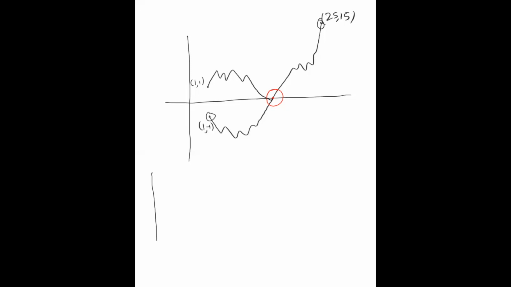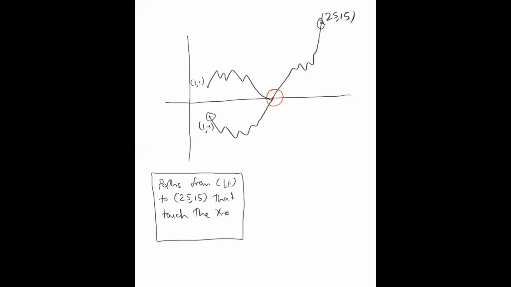On one hand, we've got this one box, and what that box contains is paths from 1 comma 1 to 25 comma 15 that touch the x-axis.